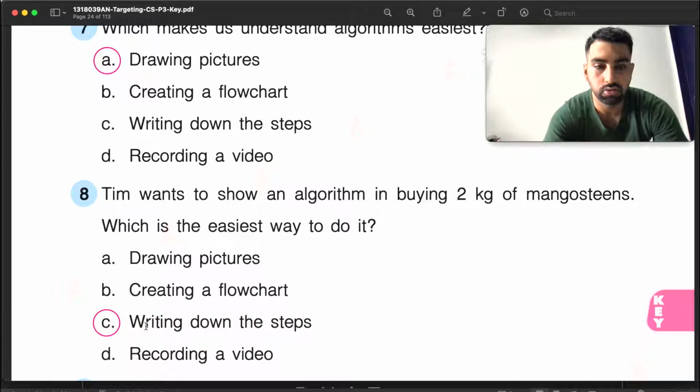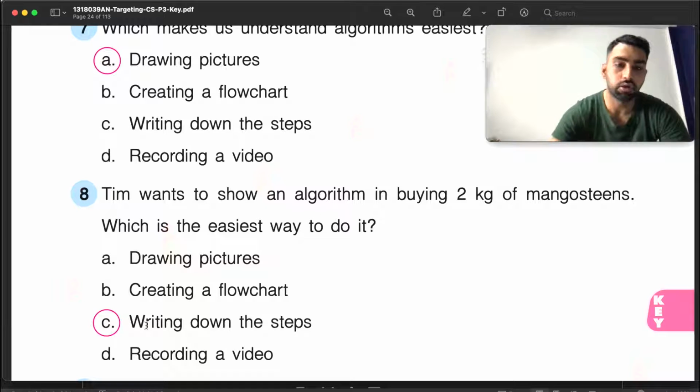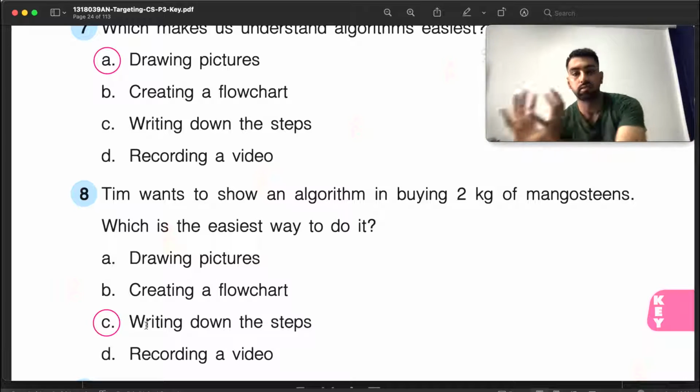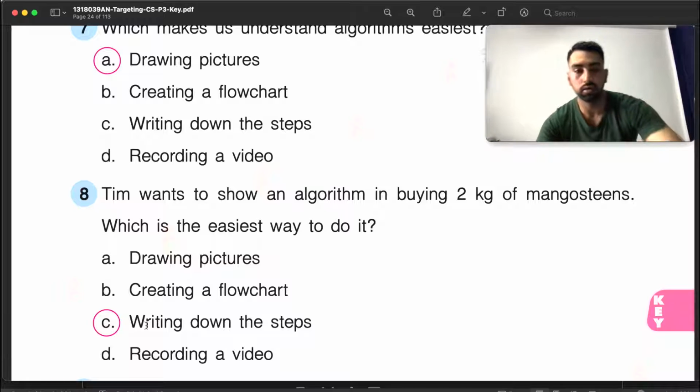Alright, so writing the steps of buying mangosteen is the easy way of showing the algorithm, because in the picture you can't see each step. In the flowchart you also can't, but when you write you can see the step of each thing you do.